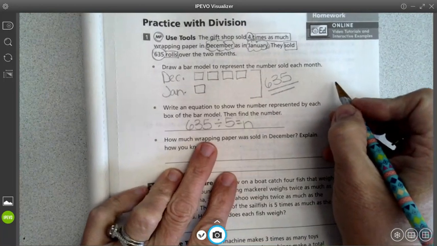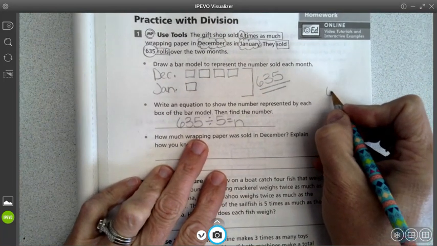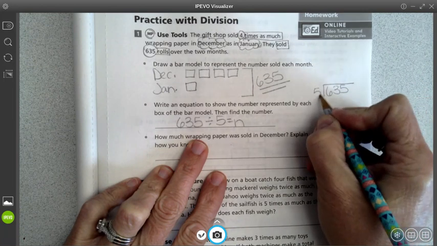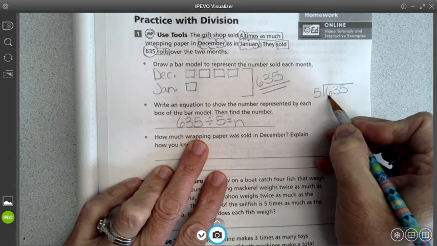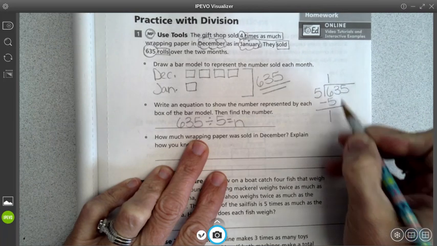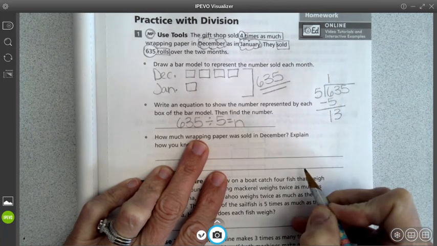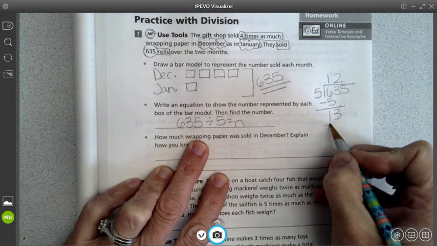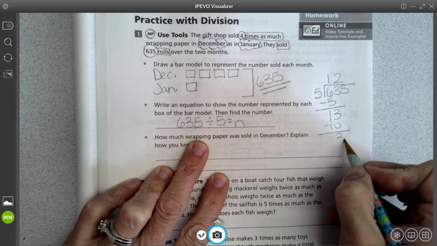So if we do the work off to the side and solve that, 635 divided by 5. 5 can go into 6 one time. Let's subtract. Bring down the 3. 5 goes into 13 2 times. Subtract.